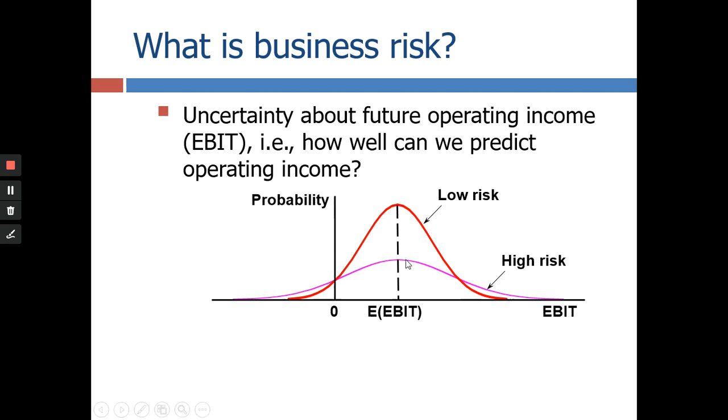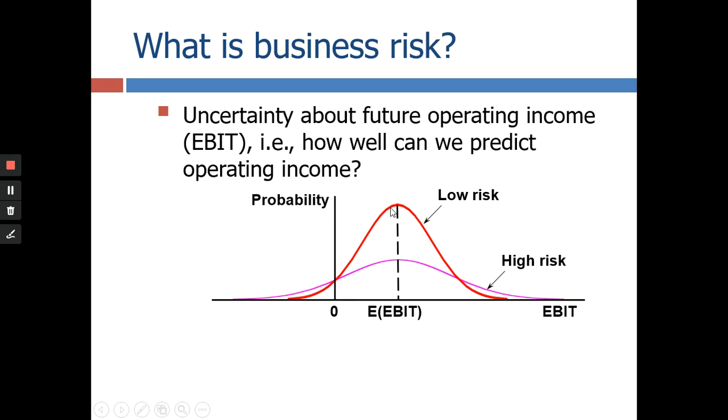Higher risk means you expected 1 million, but you only get 200,000. The chance of what you expect and the result being too different means high risk. If it's only slightly different, that is considered low risk.